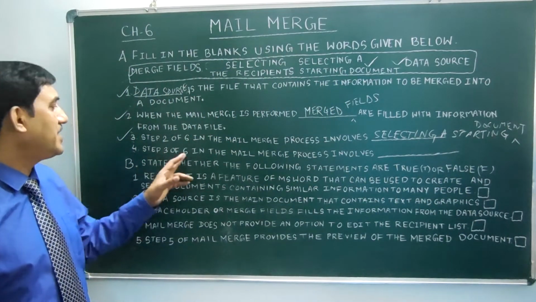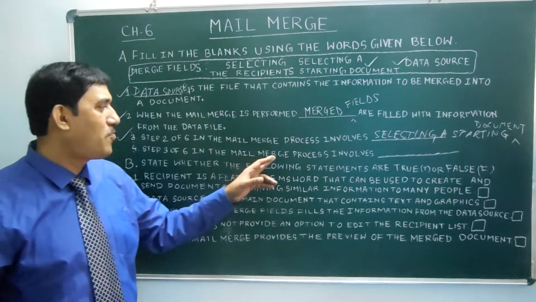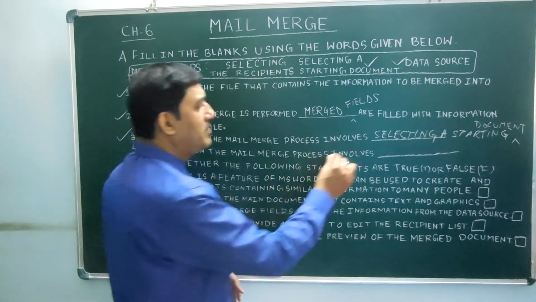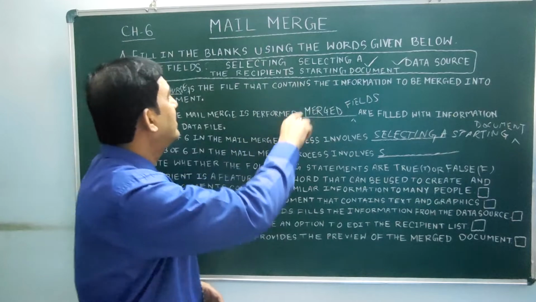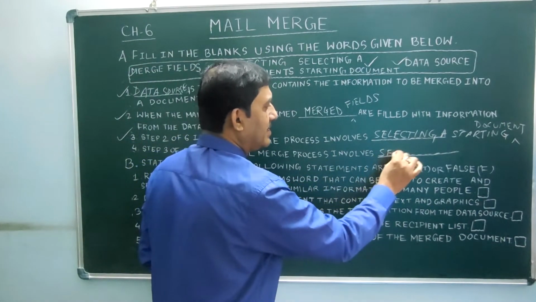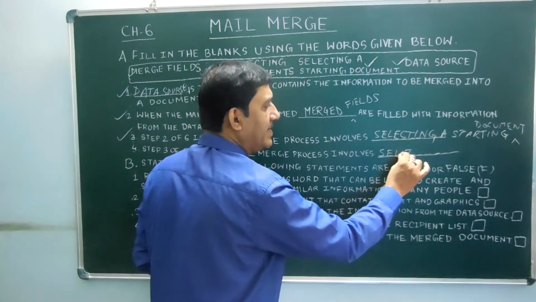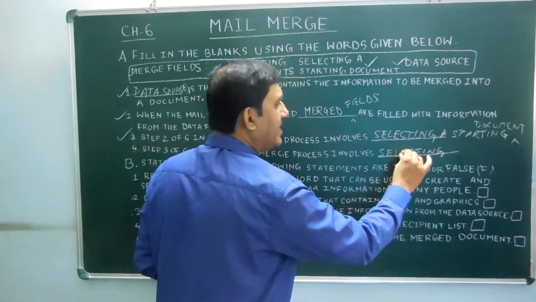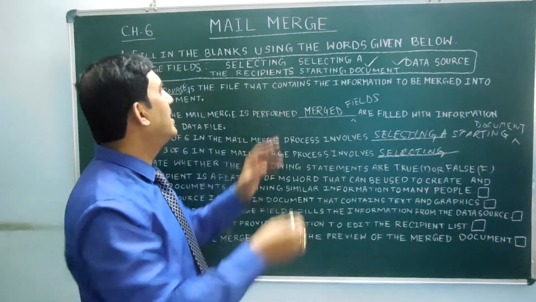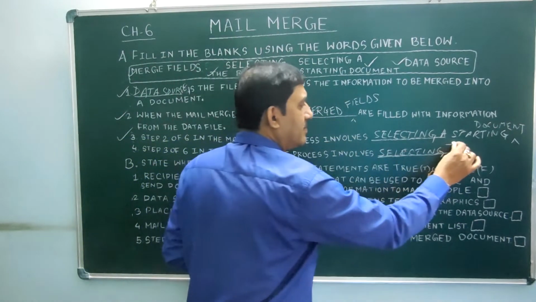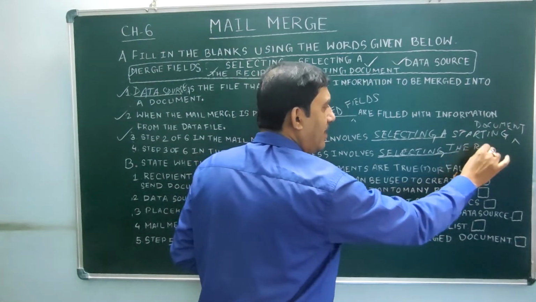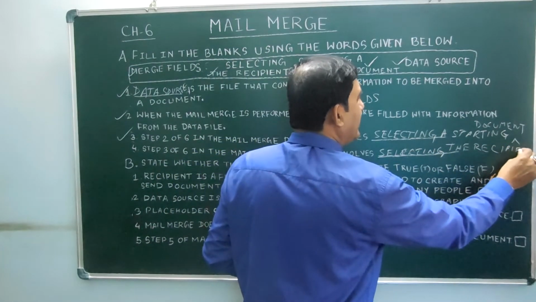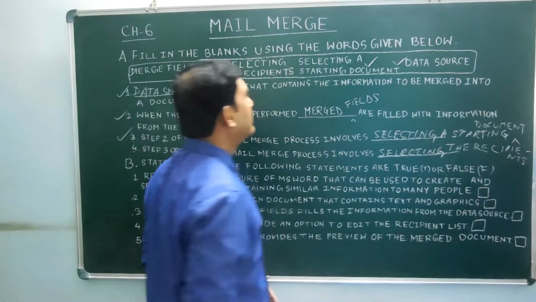Then step 3 of 6 in the mail merge process involves the last one, selecting the recipients. Selecting, S-E-L-E-C-T-I-N-G, the recipients, R-E-C-I-P-I-E-N-T-S. That is the answer.